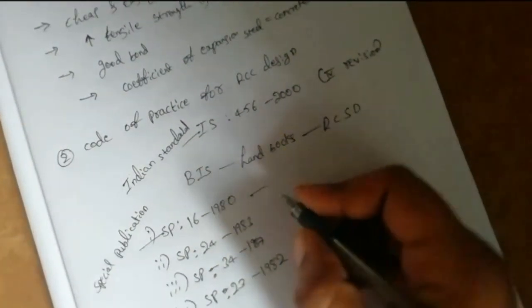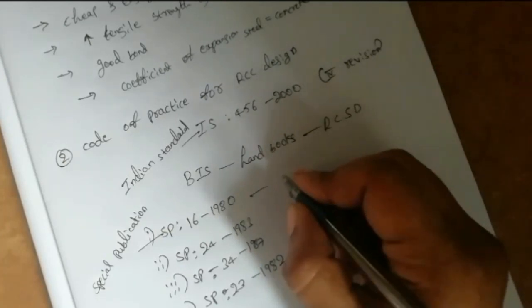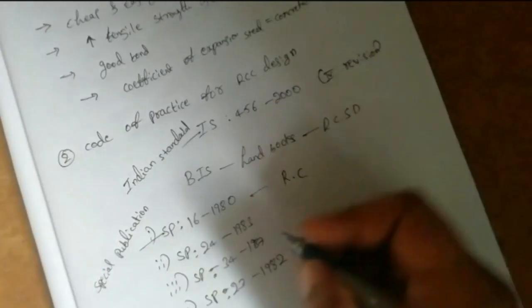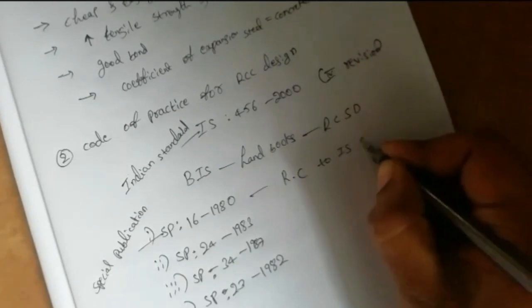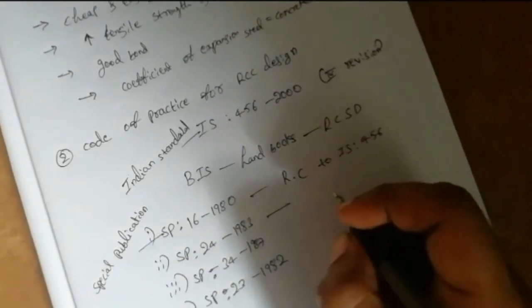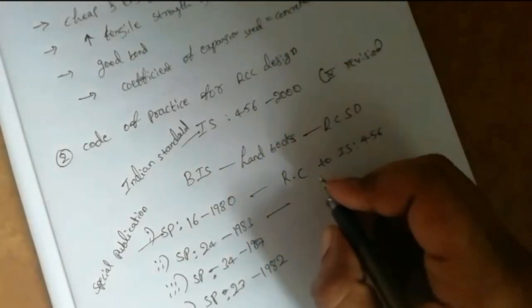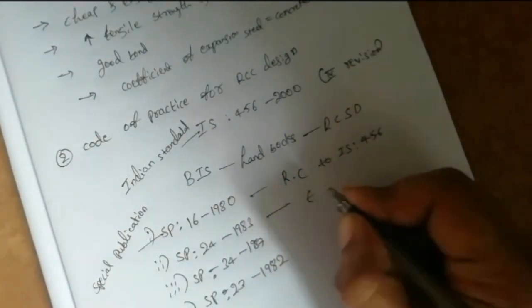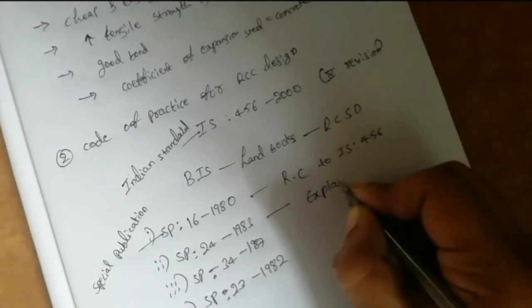SP 16 is used for design aids for reinforced concrete to IS 456, and SP 24 is the explanatory handbook on IS 456, that means an explanation of IS 456.